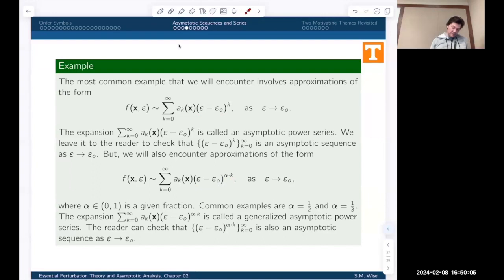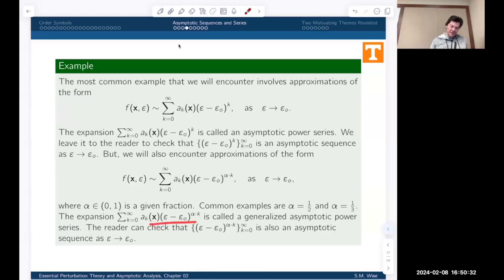So for example, a common one is going to be whenever alpha is equal to a half or alpha is equal to a third. We sometimes call that a power series in half integer multiples or powers of epsilon, whenever we're working with alpha equals a half or 1/3, as the case may be.